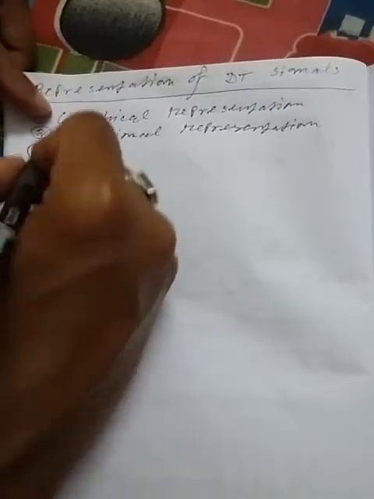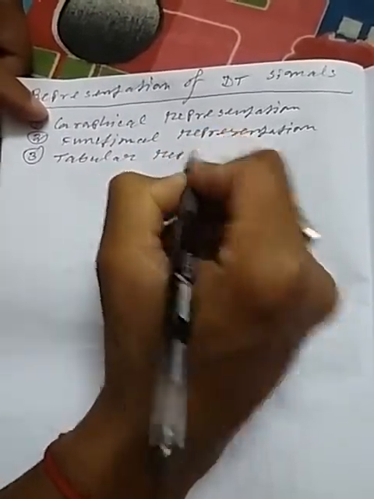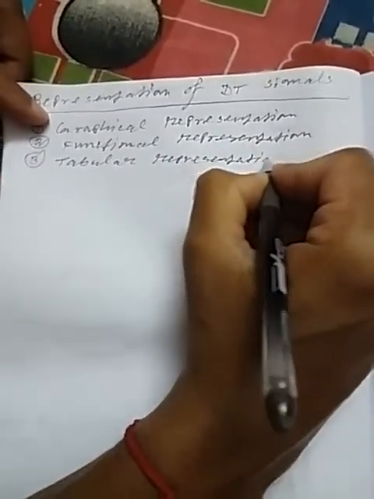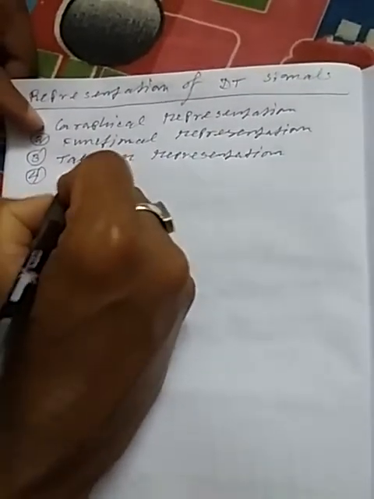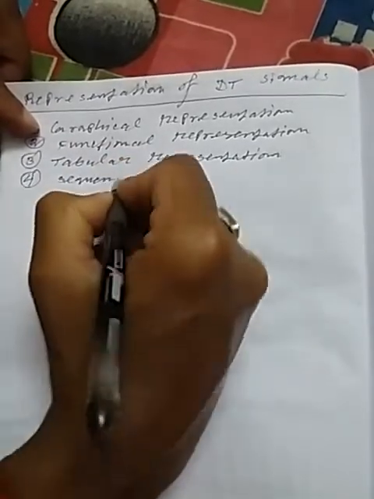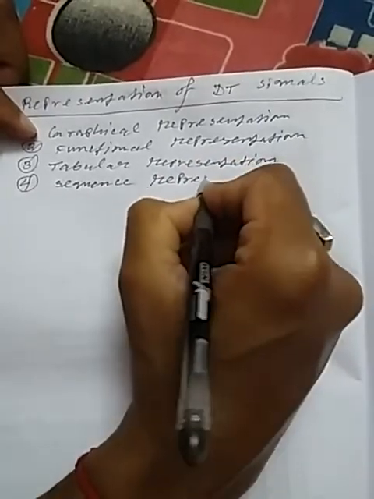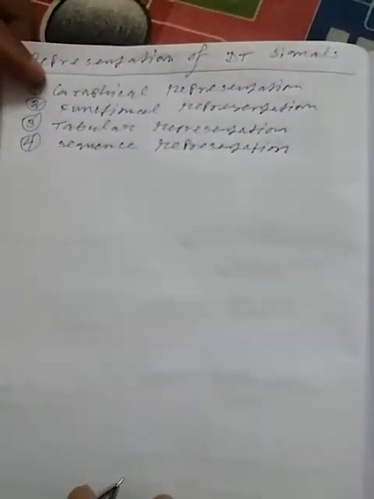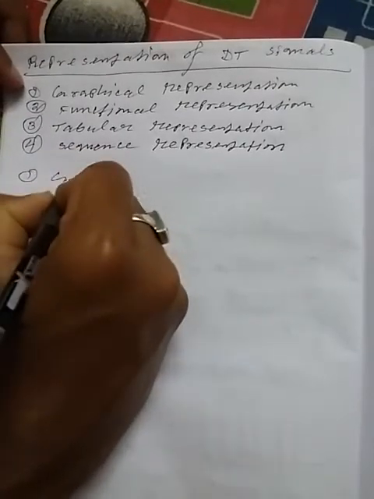Number 3 is tabular. Number 4 is sequence.